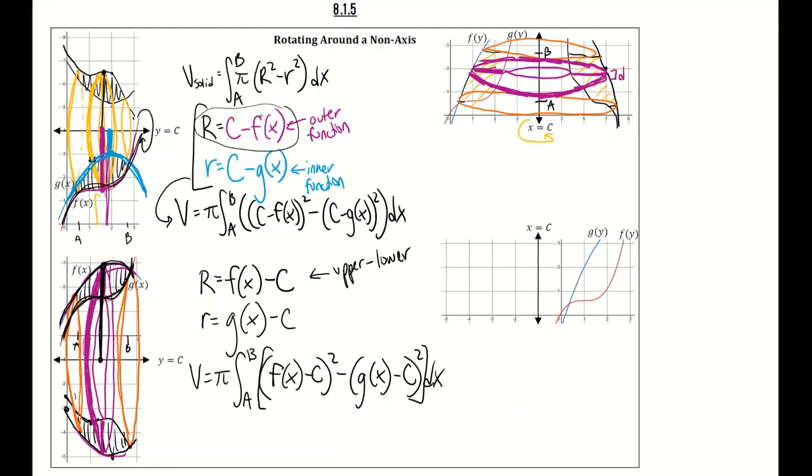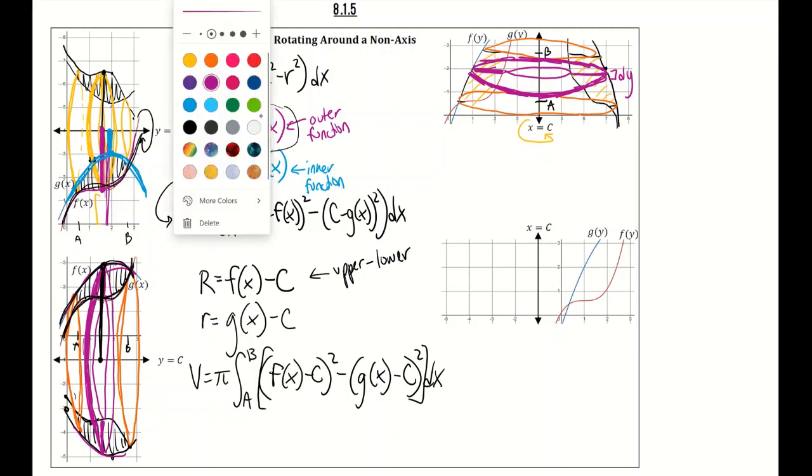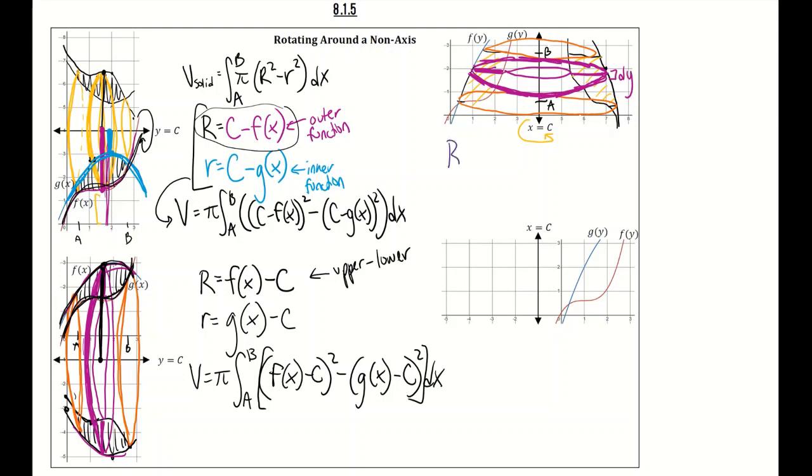Okay, so I need to set up big R and little r first. So big R is the distance from the axis of rotation to the outer function. The outer function in this case was f of y. Now the question is, we normally do upper minus lower to figure out big R and little r.